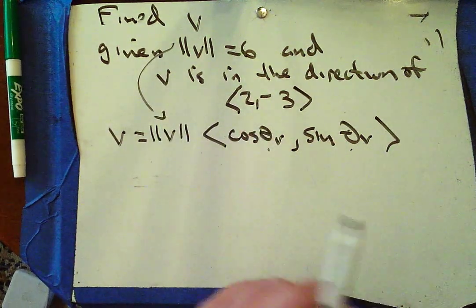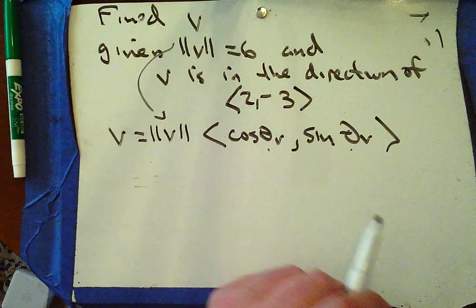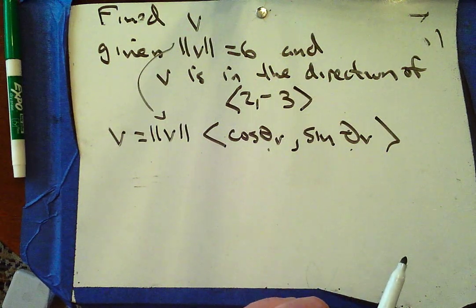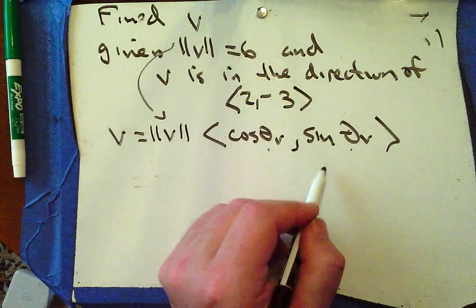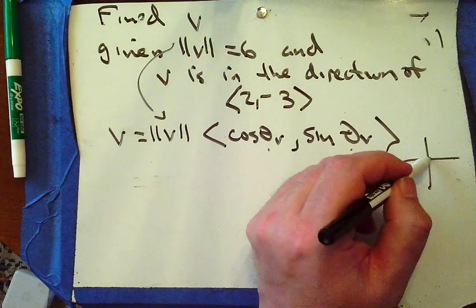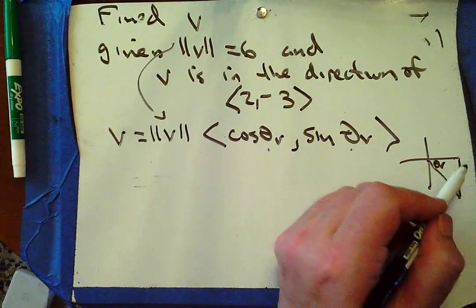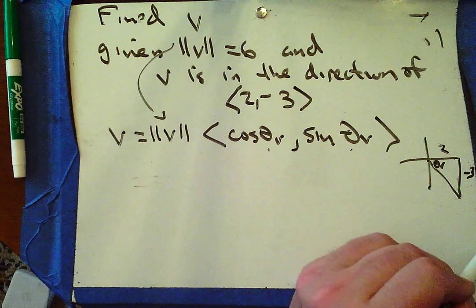Why don't you try pausing the video and seeing if you can finish this problem, and then when you're done, start the video again. Okay, so I have to find theta v, and I know I have a little triangle here where I go over 2 and down 3. That's theta v, 2, negative 3.